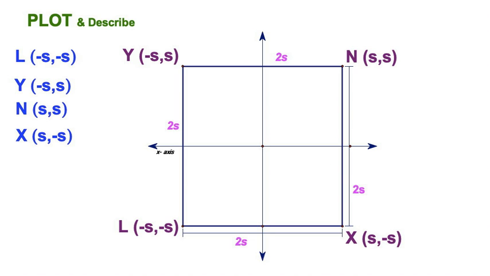But we certainly have horizontal lines. This is horizontal. This is horizontal. The equation of the line containing YN is y equals s. The equation of the line containing NX is x equals s.